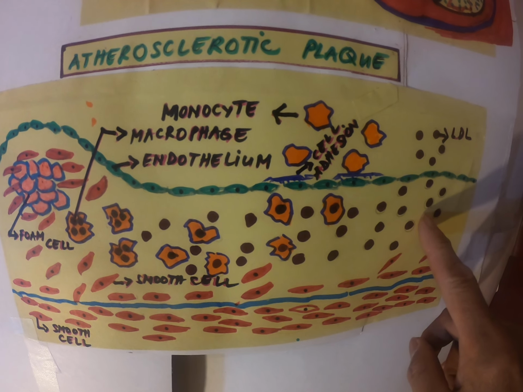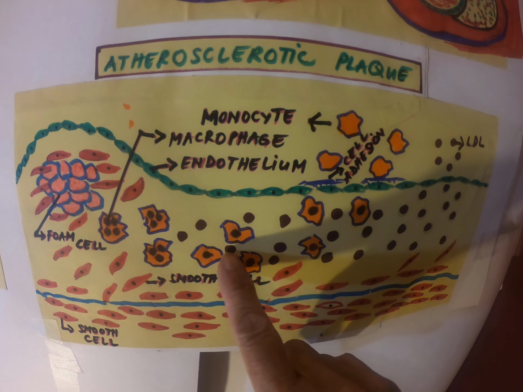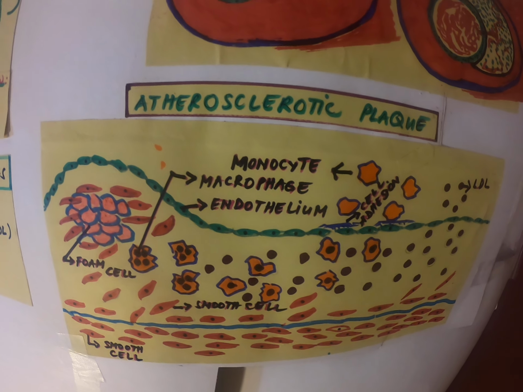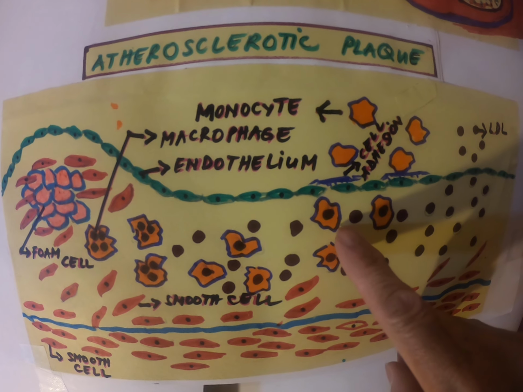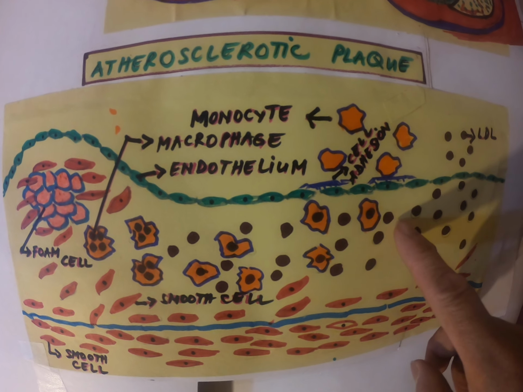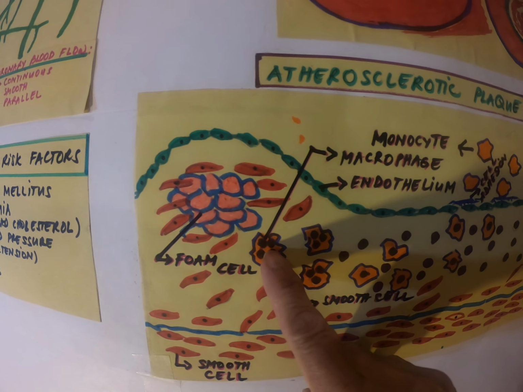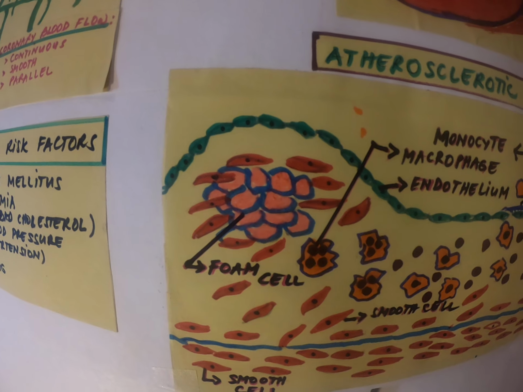The LDL that gets in will be modified through oxidation and exposed to the inflammatory cells and also glycation. So this monocyte that gets in becomes a macrophage, takes in or swallows these LDLs, and it will continue swallowing them until it becomes foam cells.